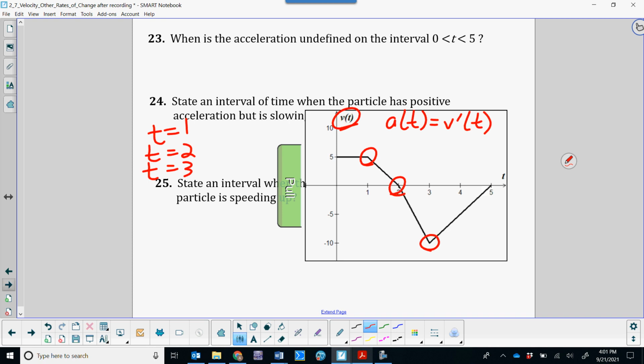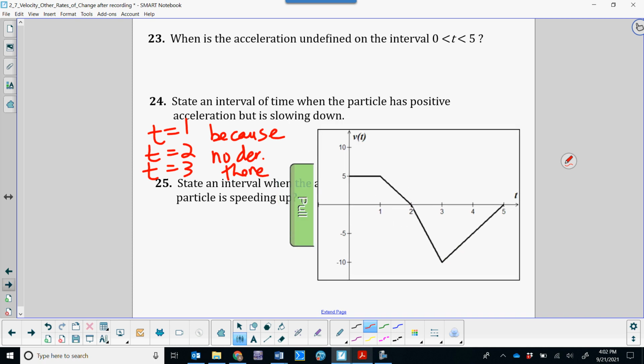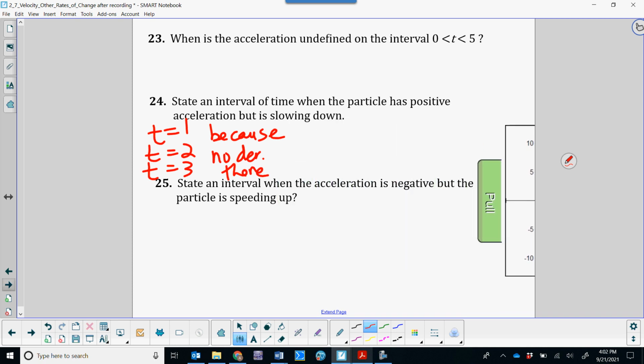And your reason would be because there's no derivative there. Okay, or you could say there are sharp corners there, so there's no derivative. We should technically say that the limits are different from both sides of the derivative, but that's what we need to do for this question here.